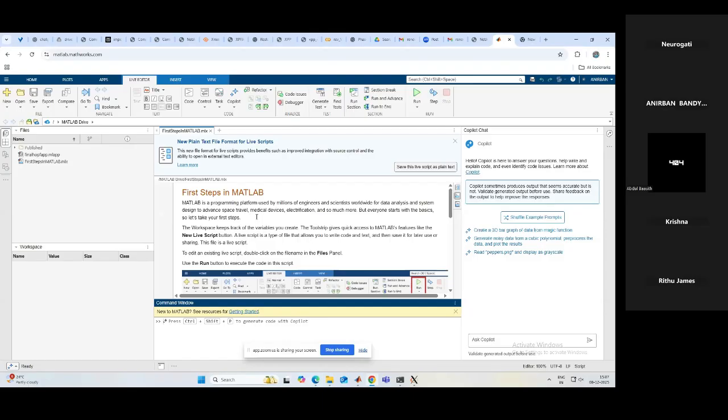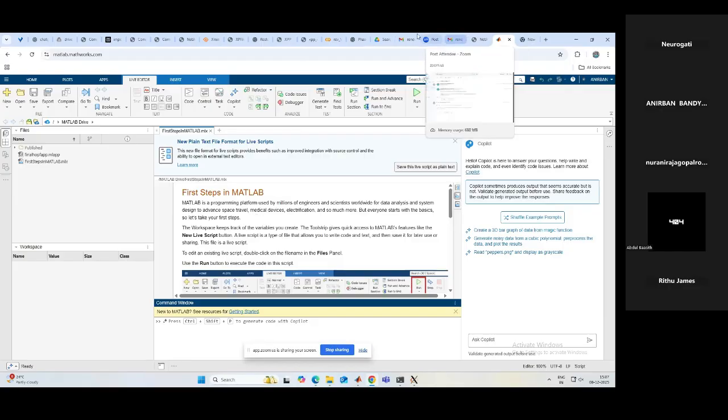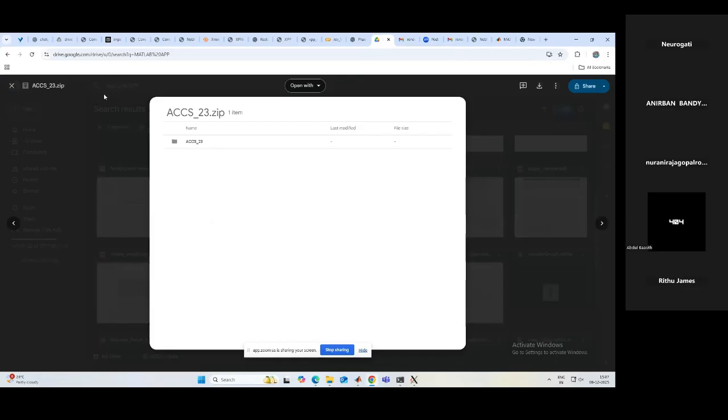Just wait for a few minutes. I think Anirban, you can share the drive link in the WhatsApp. Huh? Yeah, that's what I'm trying. This drive link. Yeah, that's a good idea.